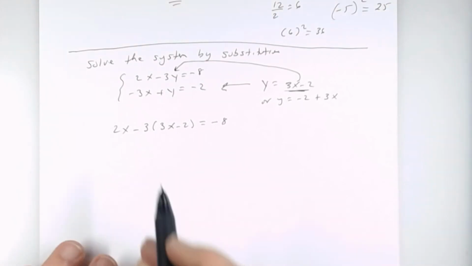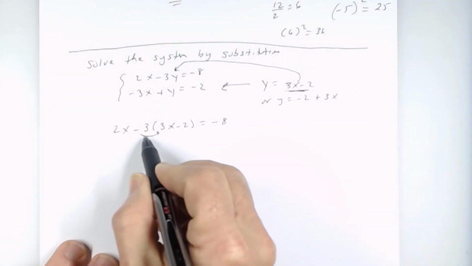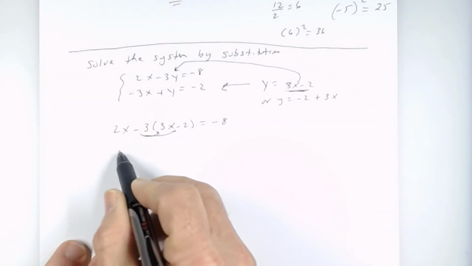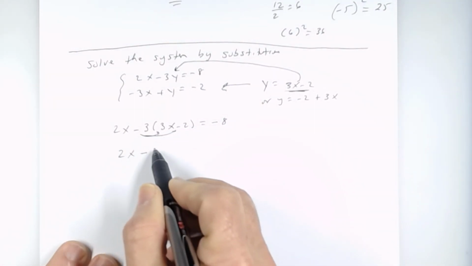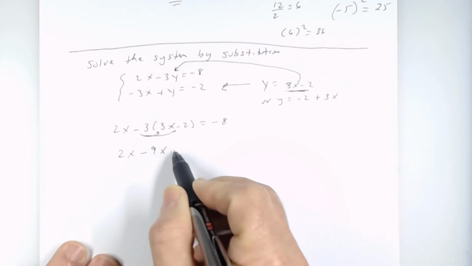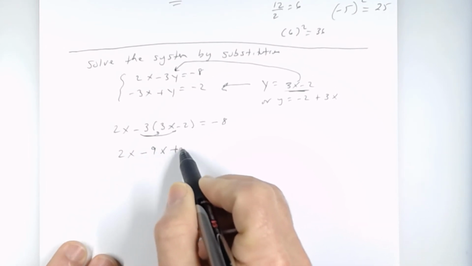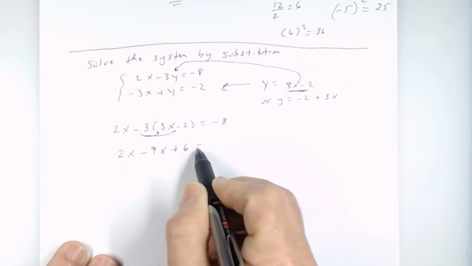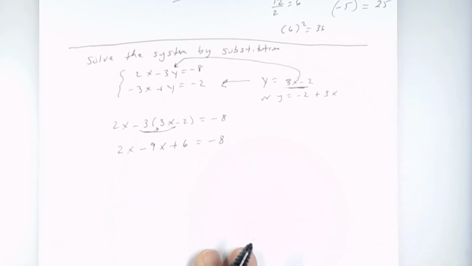What's the next step? Distribute the negative 3. So I get 2x minus 9x plus 6 equals negative 8.